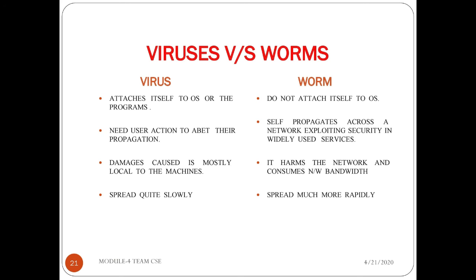With viruses, the damage caused is mostly local to the machine. Worms harm the network and consume network bandwidth. Viruses spread quite slowly, while worms spread much more rapidly. These are some of the differences between viruses and worms.